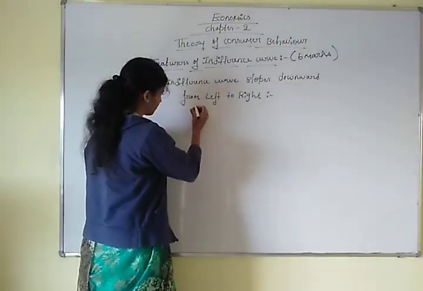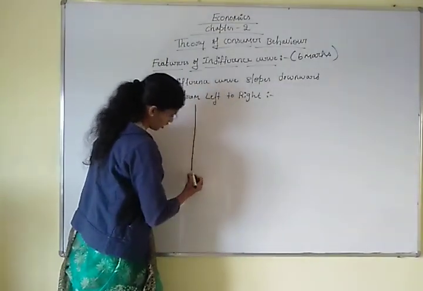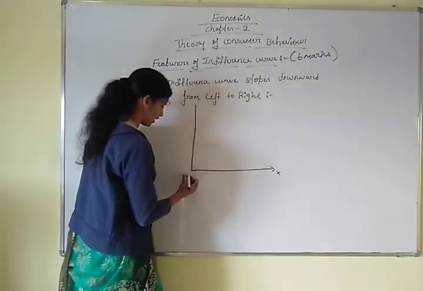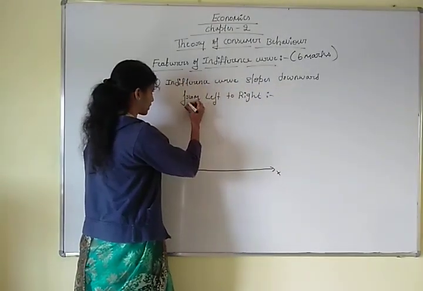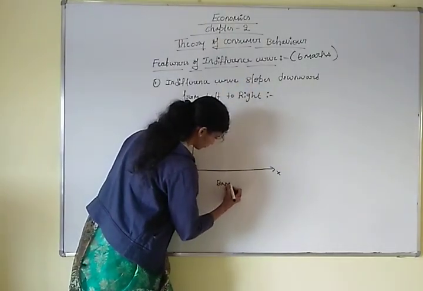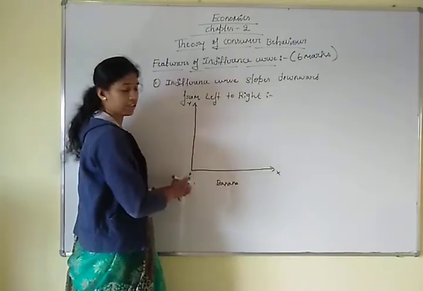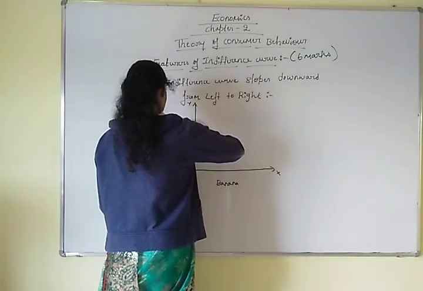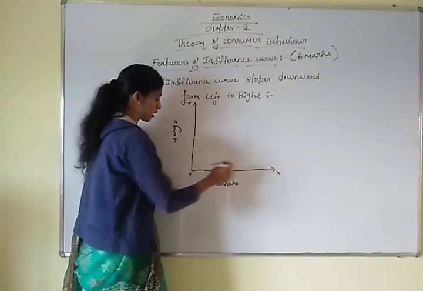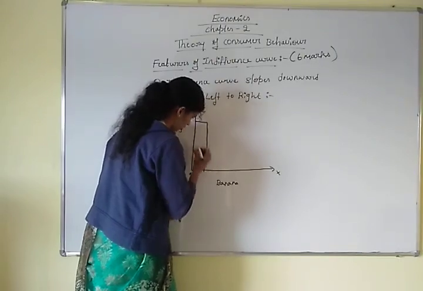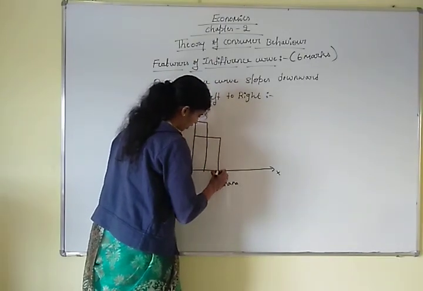In the diagram, the OX axis represents banana and the OY axis represents mango. It is an imaginary diagram.